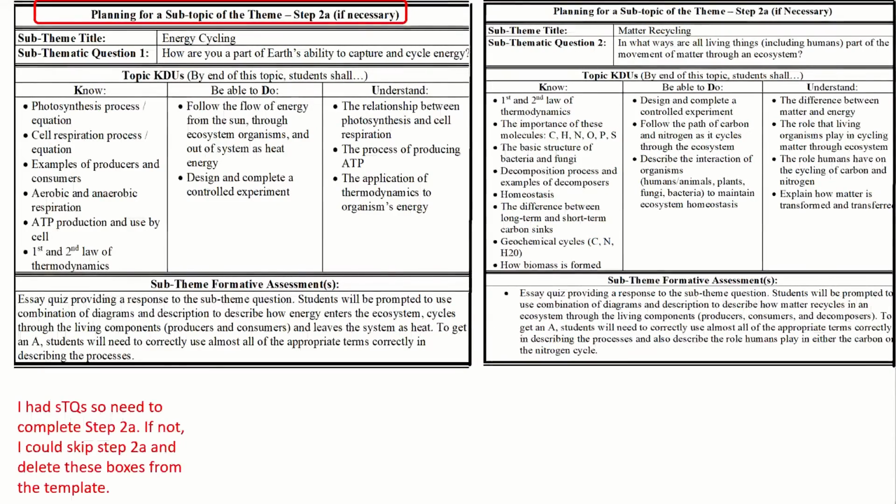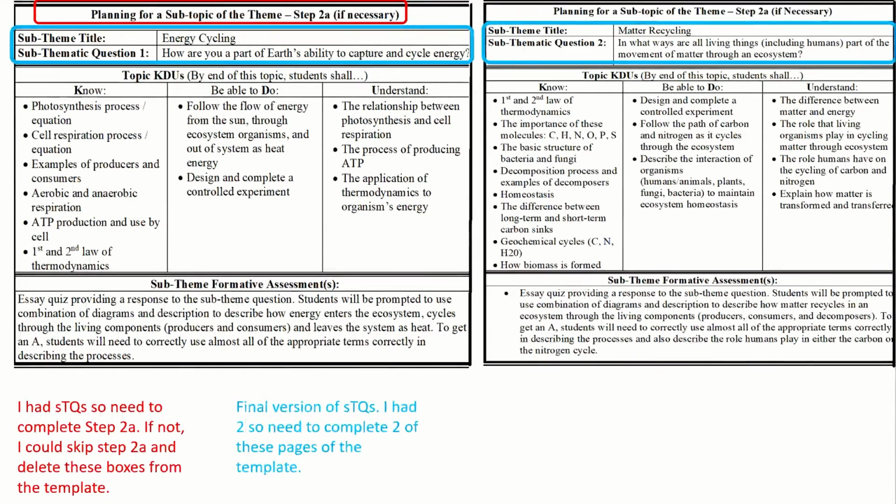Since I had subthematic questions, I completed step 2A. If you don't have STQs, then you can delete these pages from your final scope and sequence. I identified 2 subtopics in my theme chunking stage of the unit design and pulled these questions from that document, though the wording of the questions has been changed and updated.